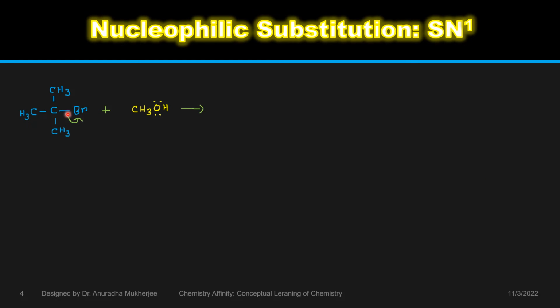Now bromine is a leaving group, so the carbon bromine bond will break. So when the carbon bromine bond breaks, we will get a positively charged carbocation. And this carbocation is a 3-degree carbocation because C+ is connected with 3 carbons. And the carbocation is acting as an electrophile.